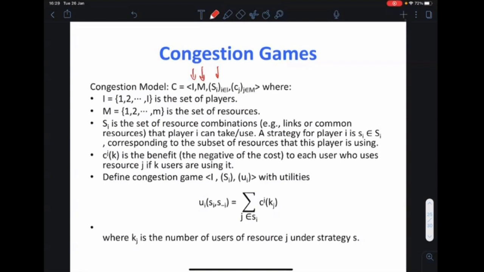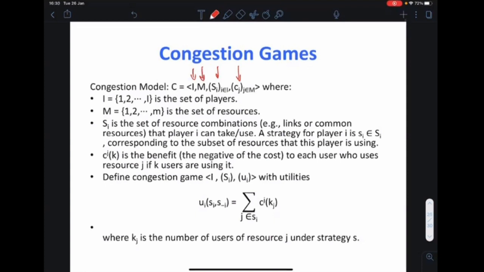So this is basically your strategy. And then you've got the cost or the benefit, let's say the benefit that we try to maximize, based on the resources you're using, and then you would have in the end the benefit of using those resources. For example, in traffic, it could be the negative of the delay hours.